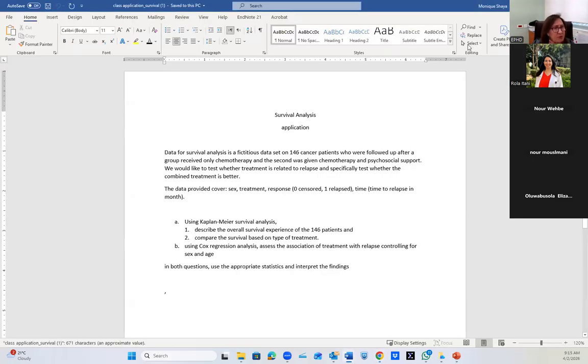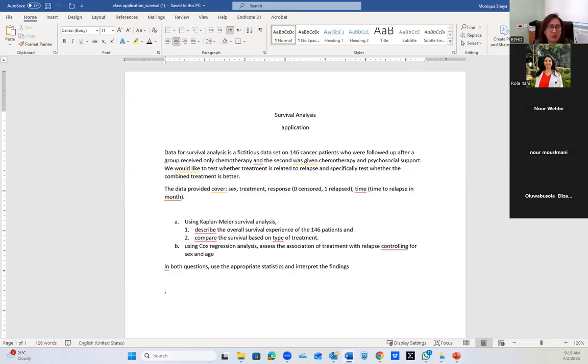So I'd like to add that you also had the application, a Word document for the application, explaining what these 146 records are. So I'd like to repeat, because maybe I did not explain it very well. These are 146 cancer patients who were followed up after a group received only chemotherapy, so treatment only, and the second was given chemotherapy and psychosocial support.